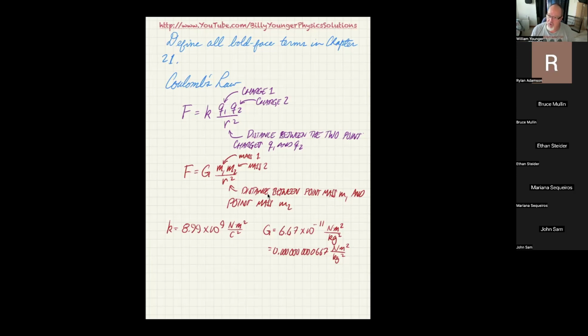And if the two charges are different, one's positive, one's negative, it's going to be an attractive force. But under no circumstances do you put the actual charge, the sign of the charge, into the formula. So I'm going to say, don't put in the signs of the charges.